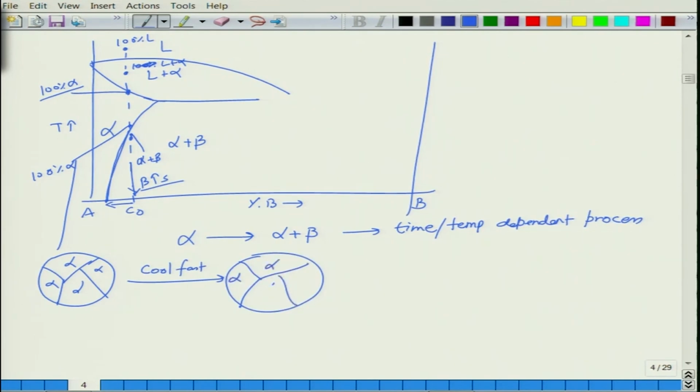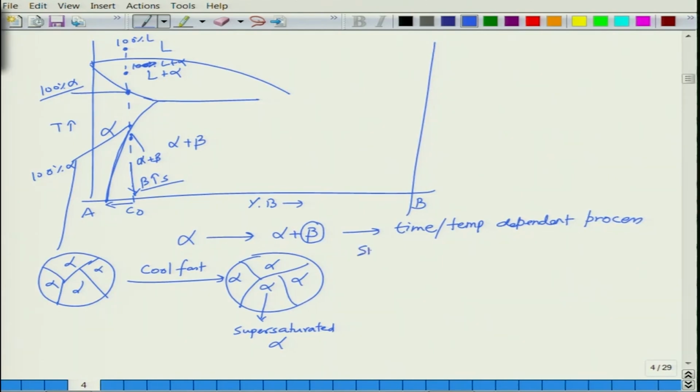So, you will have alpha, but this will be supersaturated alpha, because formation of beta requires some time. The amount of B that is present in alpha requires some time to come out of alpha, because it is a diffusional process.